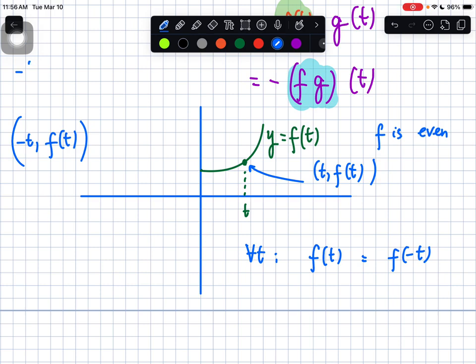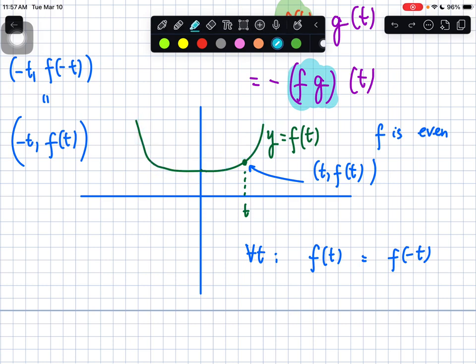So the graph of f is actually just a reflection about the y-axis. So this is the graph of f.